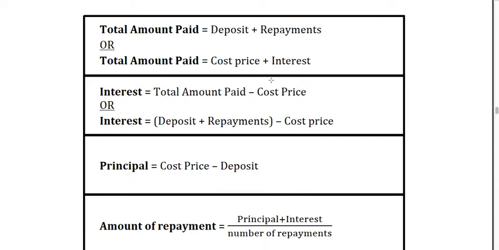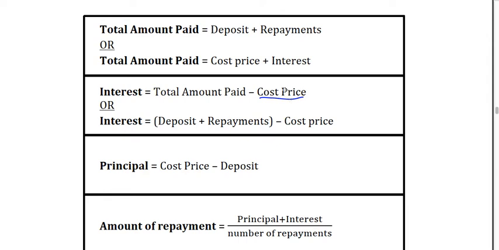The other thing that we always need to focus on, generally in most of the questions you'll come across, is there'll be some element of interest. So you might have to calculate it, or you might just need to use it within your calculations for a particular question. So to work out the interest, basically we're looking at the difference between whether you were to just buy the item normally, so that would be the cost price. If you would just walk into a shop and buy an item, how much would it cost you?